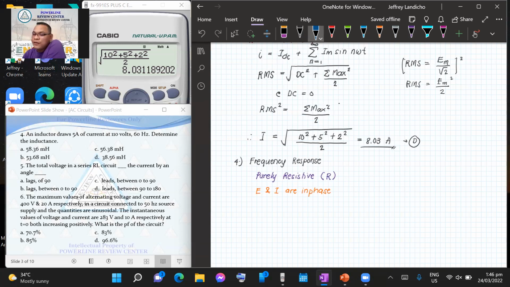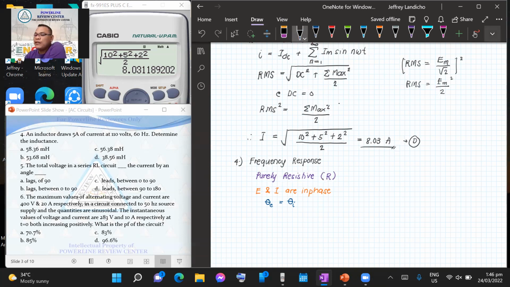So, ibig sabihin nun, whatever the angle ng ating voltage, it should be equal sa angle ng ating current. That is only applicable during purely resistive. Ibig sabihin, pure R, wala kang ibang makikitang parameter sa circuit kung hindi R lang yan.